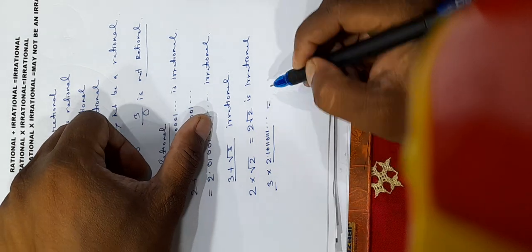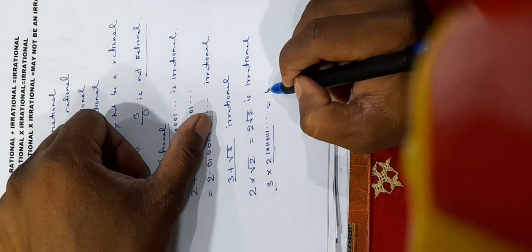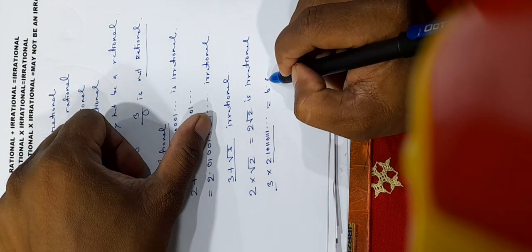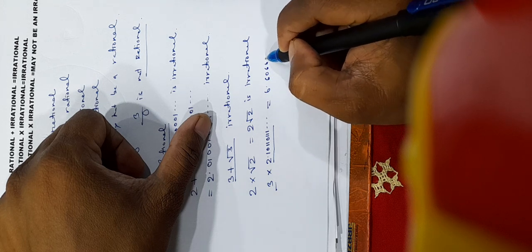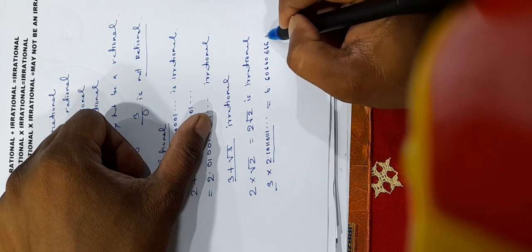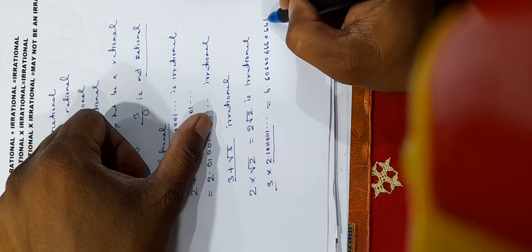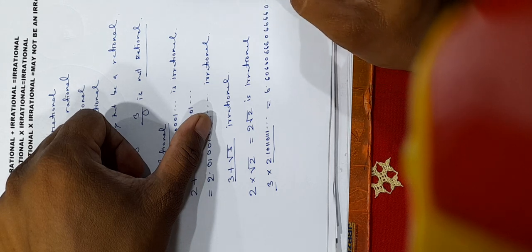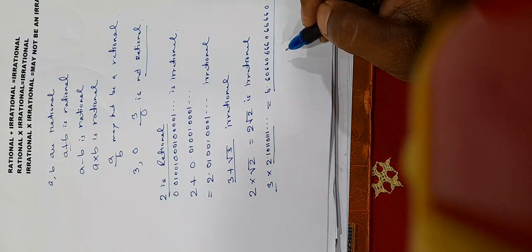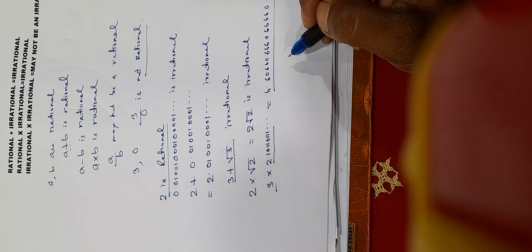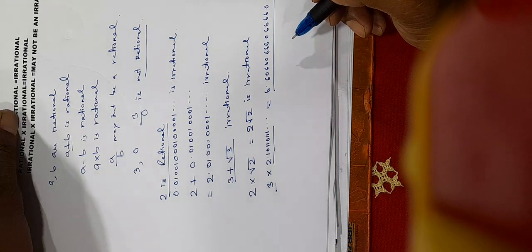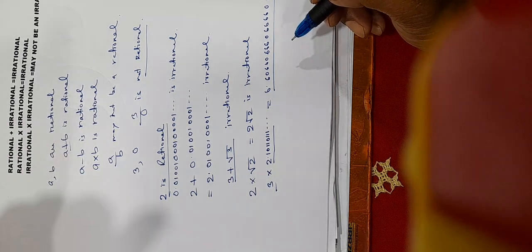Now find their product. You find that this becomes 6.6066066606..., which is an irrational number, non-terminating, non-repeating, right? So the product of a rational number and an irrational number is also irrational.